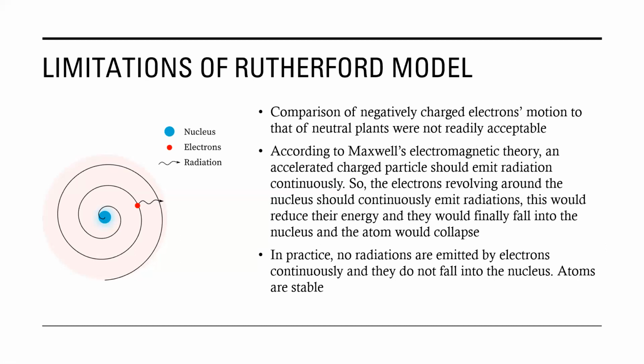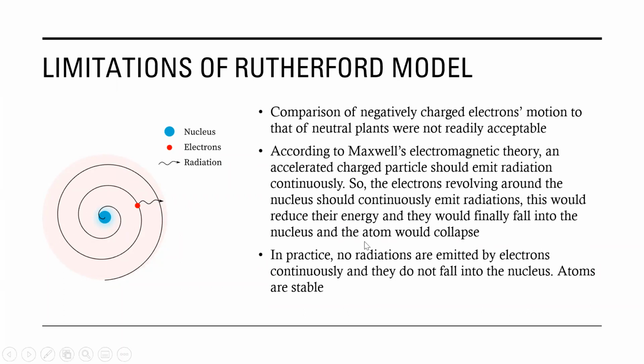When they continuously lose energy, they should eventually fall into the nucleus. So will the atom exist? No. So Rutherford's atomic model failed to explain the stability of the atom.